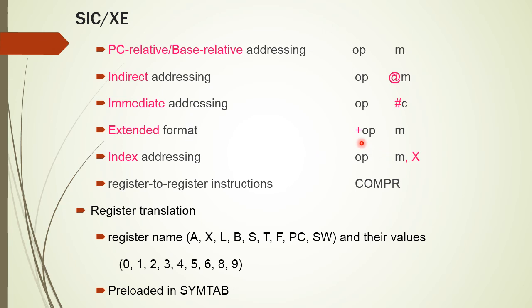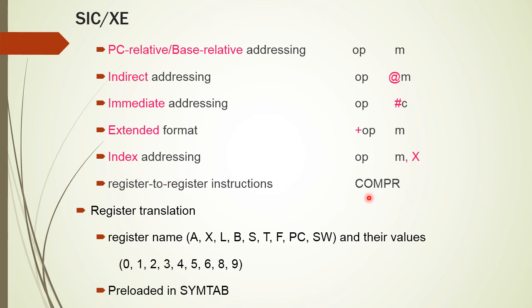If the instruction is prefixed with a plus followed by opcode and an operand, then it belongs to format 4, that is, the extended format. If the instruction is of the form opcode followed by operand comma X, then it is indexed addressing mode.